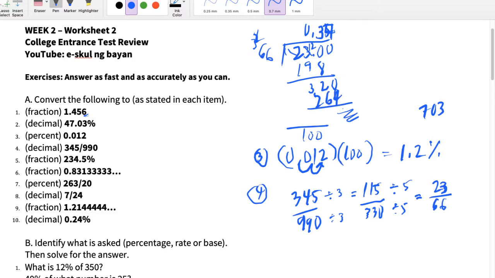Okay, if you subtract this, makukuha mo 56. Okay? So, let's add another 0. Divide this by 66. You will get 8. Yeah, 8. So, 8 times 6, 48. Carry 4. 8 times 6, 48, 52.